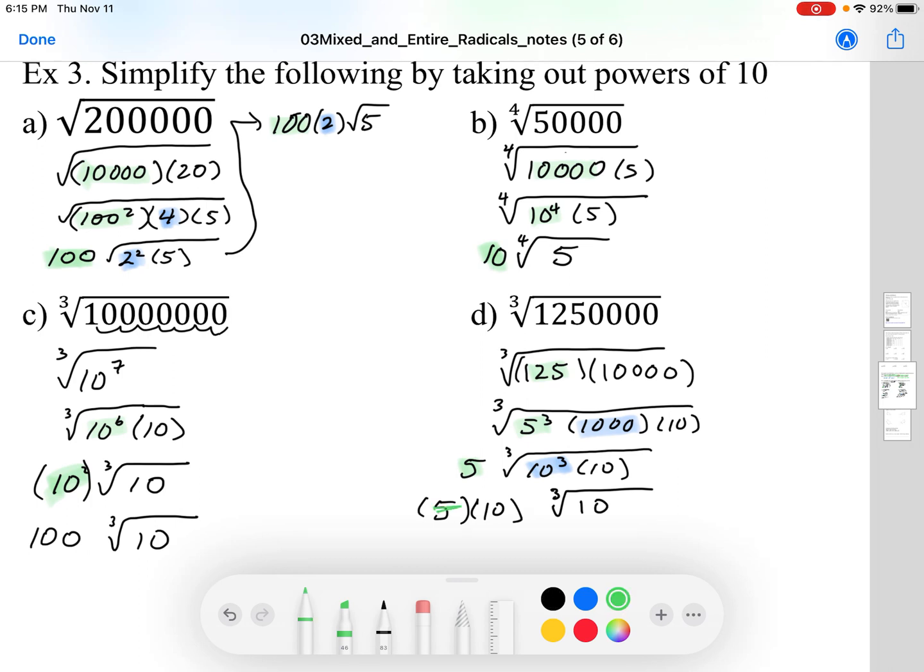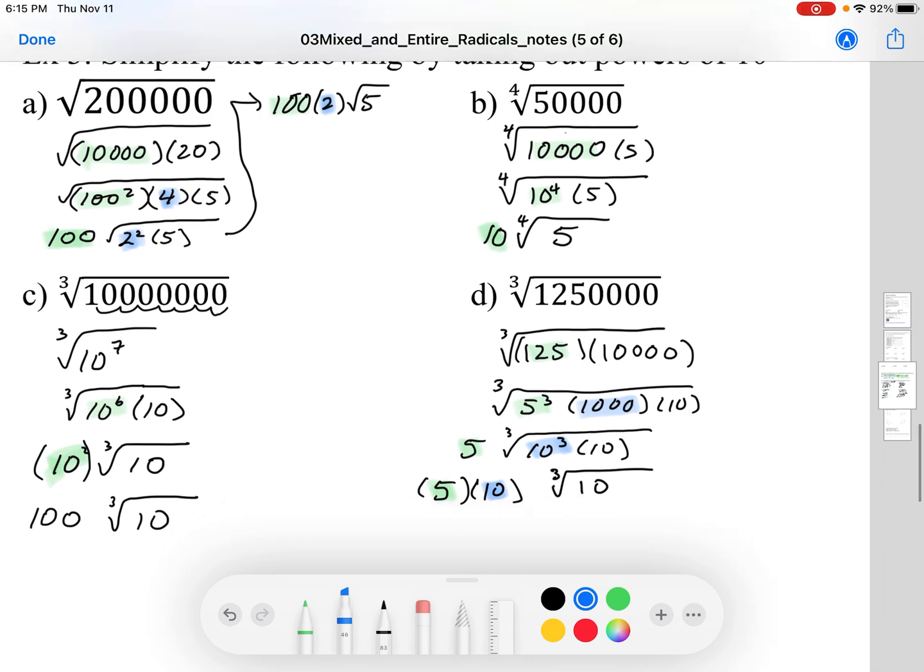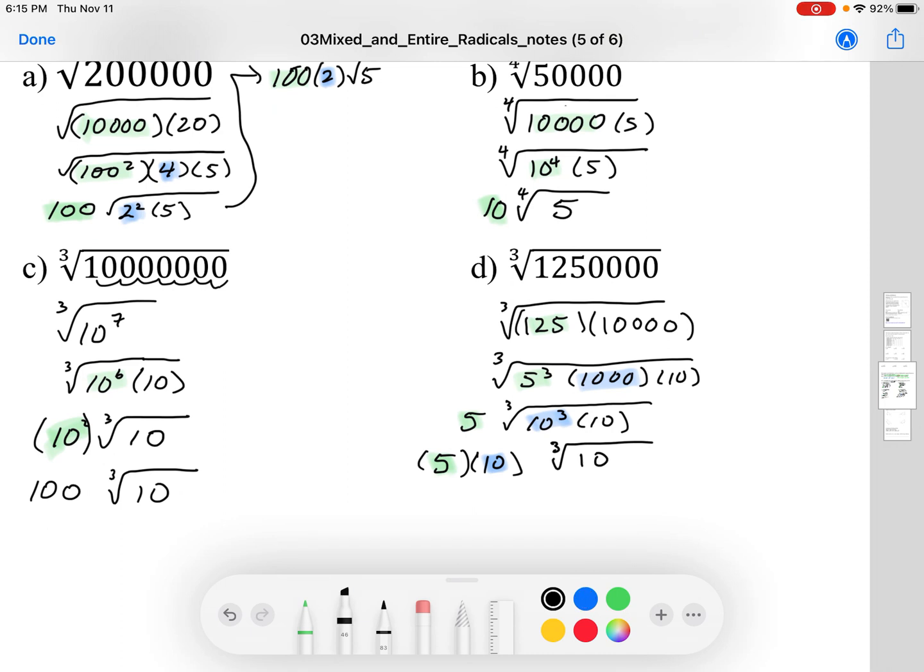So that 5 comes from there, and this 10 comes from that 10 to the power 3, or 1,000. You can trace that back to see where it all came from. And so finally, I'm going to write this as 50 on the outside, and the cube root of 10 is left on the inside.